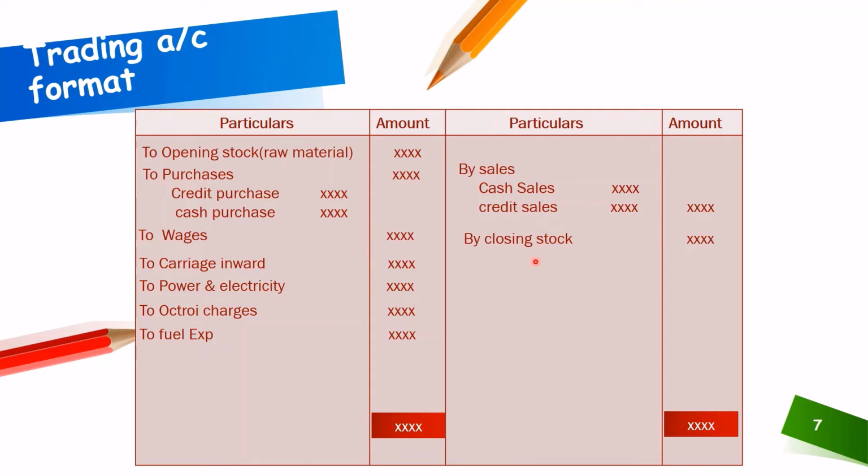That loss we can call a gross loss. If income is more, meaning sales are more, and the expenses are less, we'll get a profit. Income is more, expenses are less, we call it a profit. Here in the trading account, we call the profit a gross profit and the loss a gross loss.